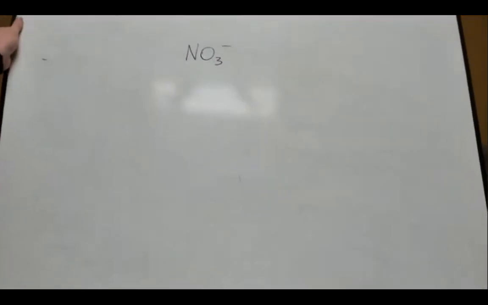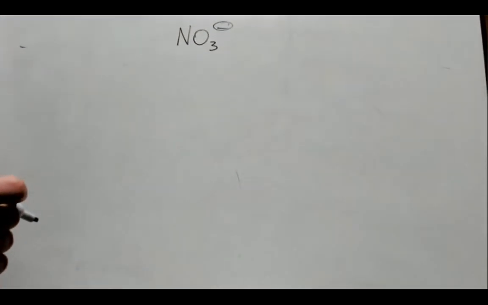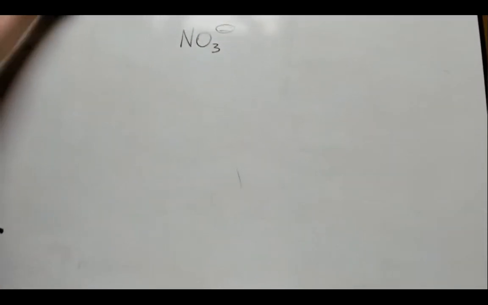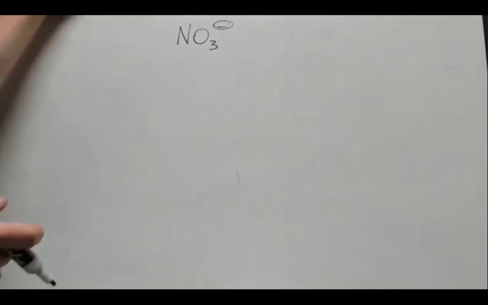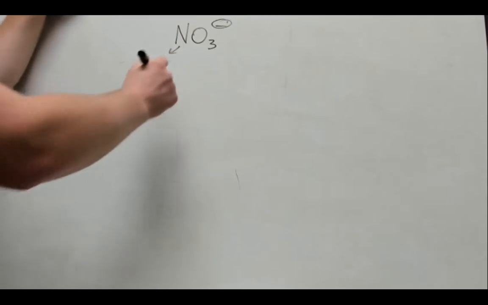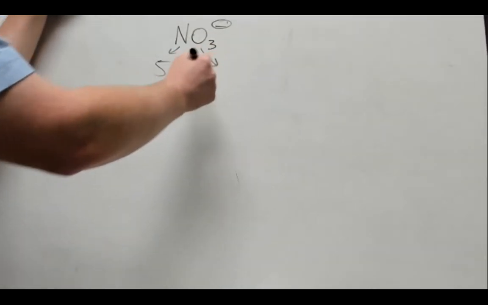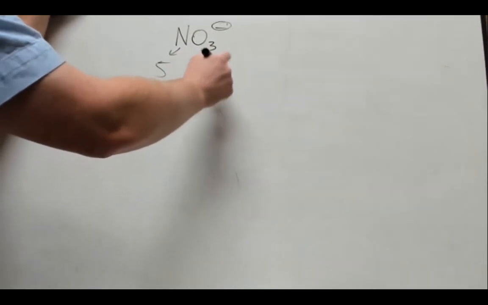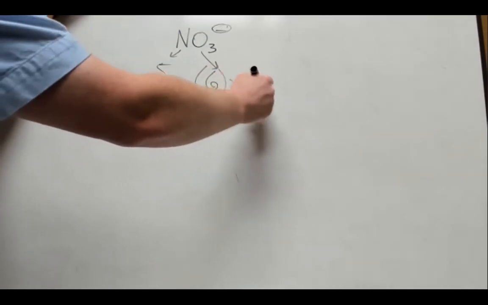But first I'm going to show you how we can calculate valence electrons, especially when we're looking at a polyatomic ion. If we're looking at a polyatomic ion, the overall charge of the molecule has to be -1. Nitrogen has 5 valence electrons. Oxygen has 6, times 3 is 18.